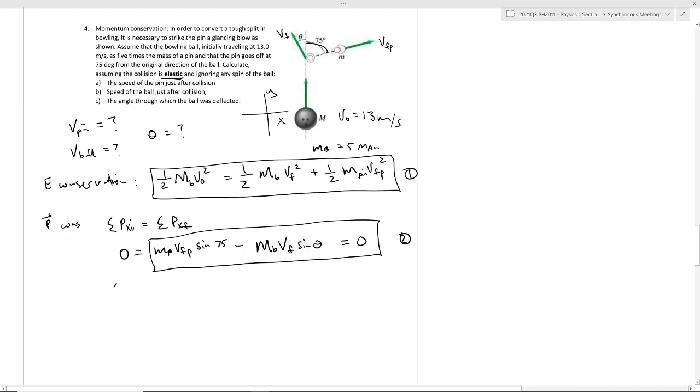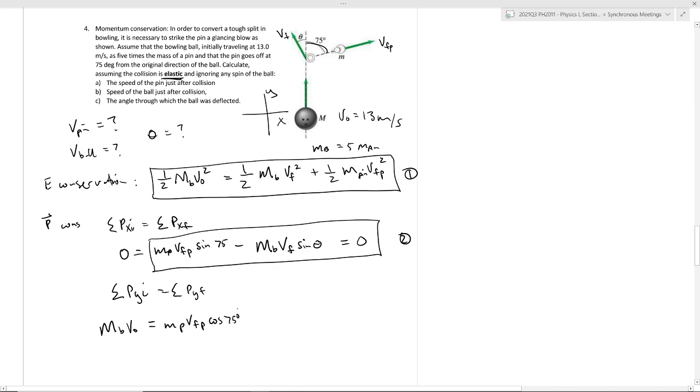And then let's look at the momentum conservation in y. The sum of the momentum in y initial is going to equal the sum of the momentum in y final. In y initial, we have the mass of the ball times v naught. It's all in y. And that's going to equal the mass of the pin, v final pin, cosine of 75 degrees.